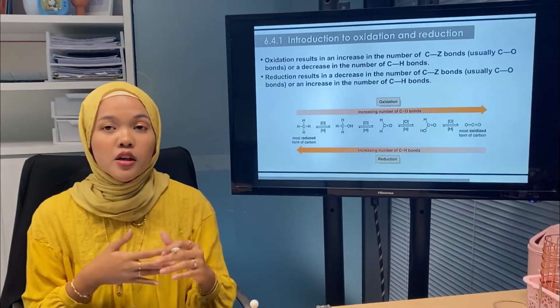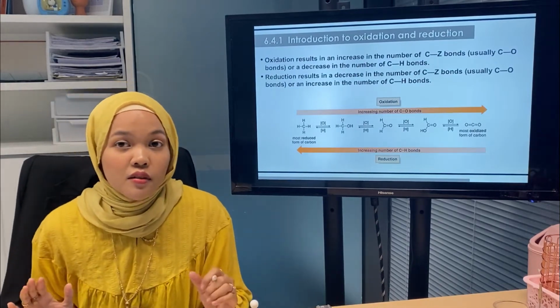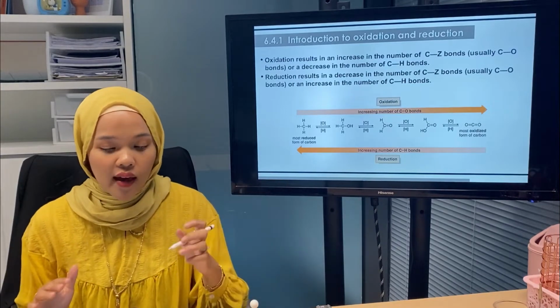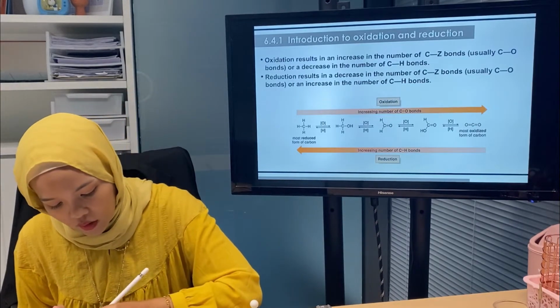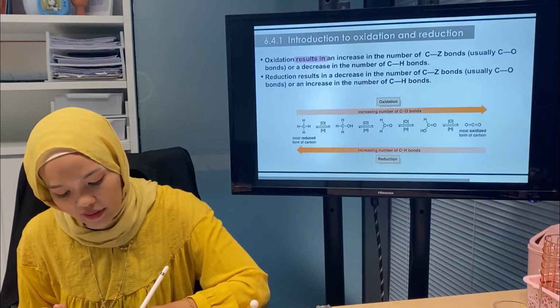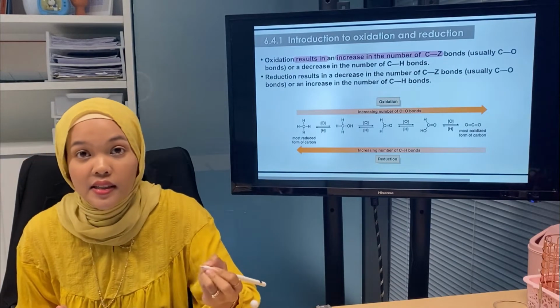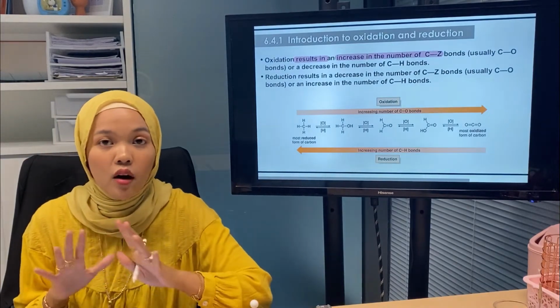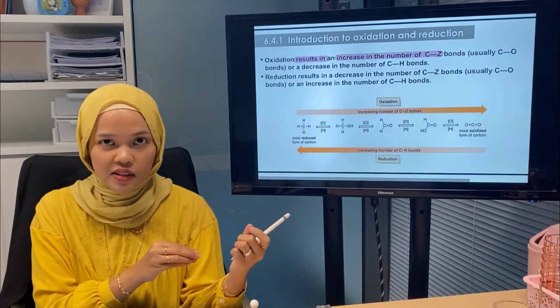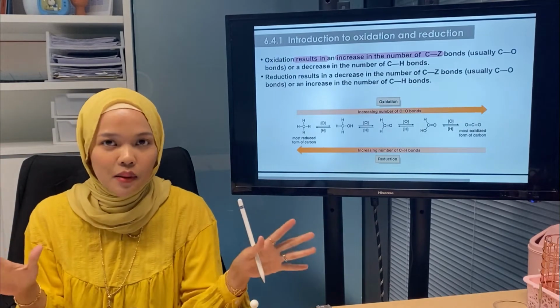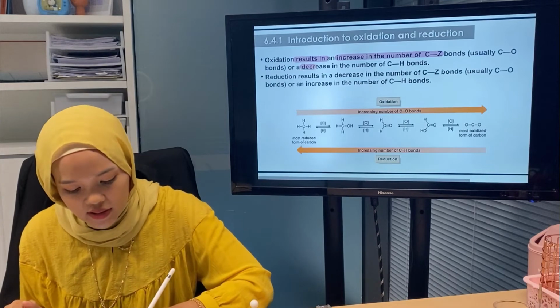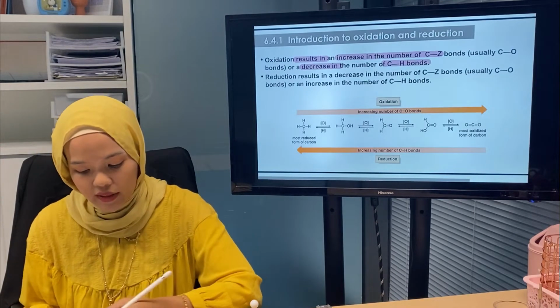An oxidation reaction results in an increase in the number of C-Z bonds, usually carbon-oxygen bonds. So oxidation, you add oxygen. Just remember it like that. And there is a decrease in the number of carbon-hydrogen bonds.